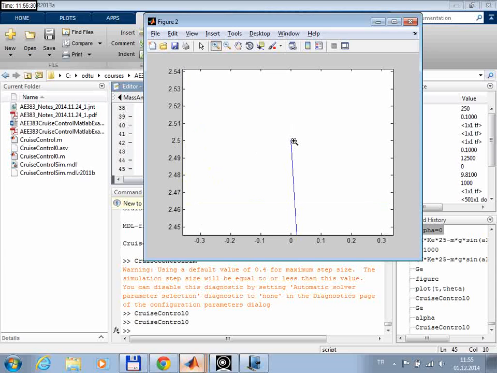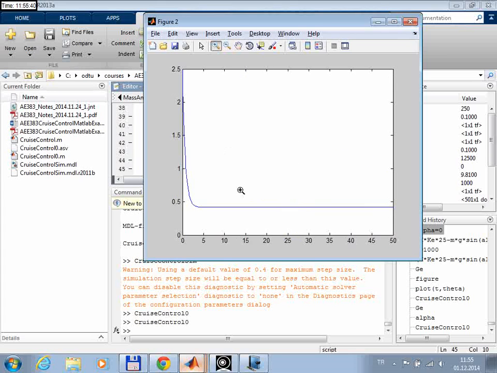Obviously this is not acceptable, because if you remember how we defined theta, theta was normalized to be between 0 and 1. So 2.5 means that the controller will try to apply an input greater than the applicable input. This is the case even for k equal to 0.1.